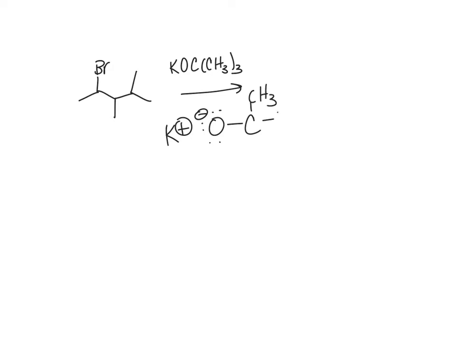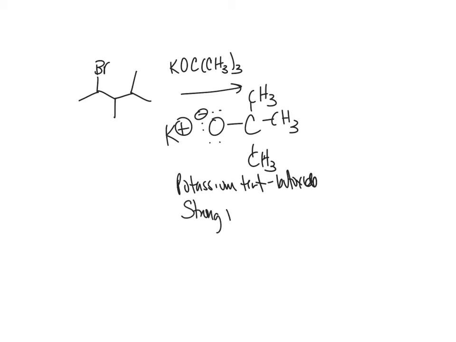And then you have this here. And this is called potassium tert-butoxide. And when you look at your reactions, this is a strong base. Anytime you have a strong base, a negative oxygen, a negative charge, you're going to have E2 conditions, okay?